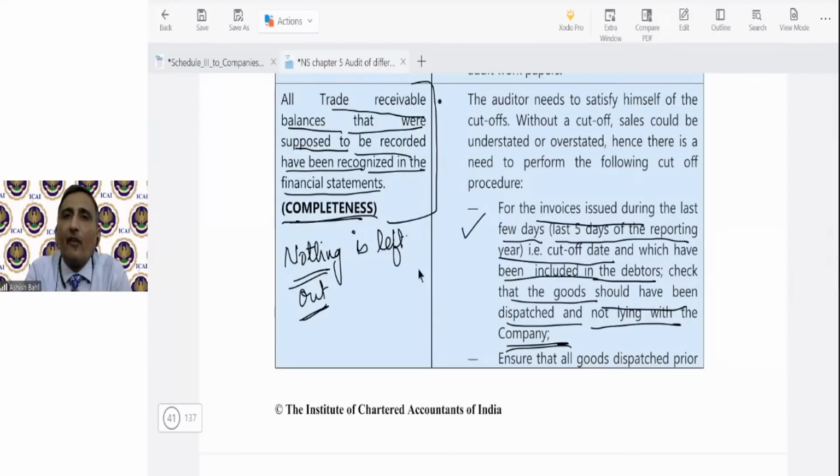So therefore it is necessary that for those transactions for which invoices have been raised, these goods should have also been dispatched. These are not lying as a stock with the company as on the reporting date. So that is very important. Okay.